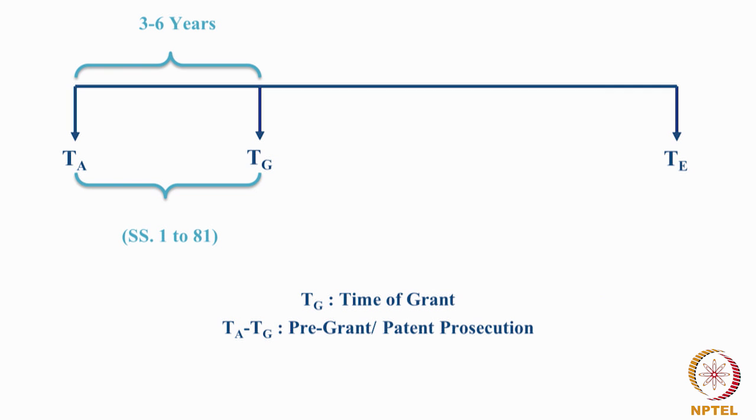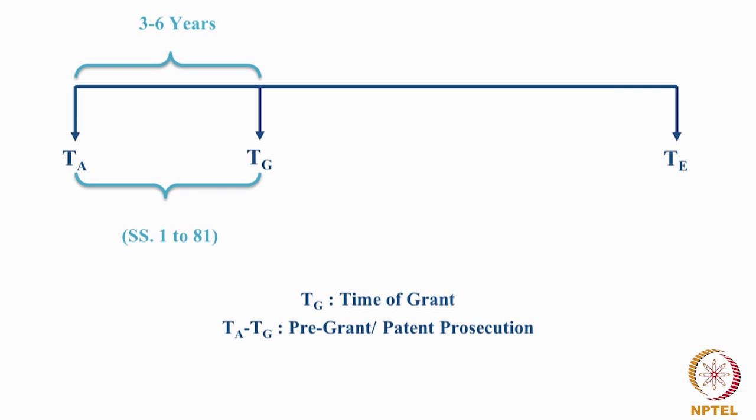The sections in the Patents Act that govern this stage, that is from TA to TG, are largely section 1 to section 81. When we refer to the events that happen between TA and TG, we are also looking at certain events that happen immediately upon the grant, upon TG.